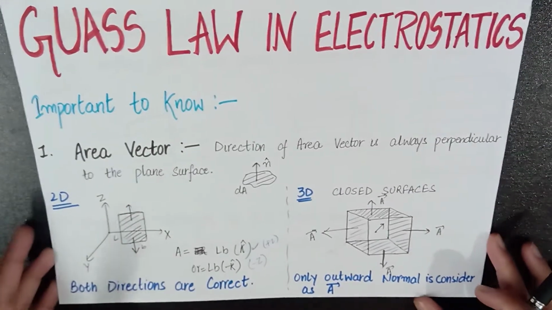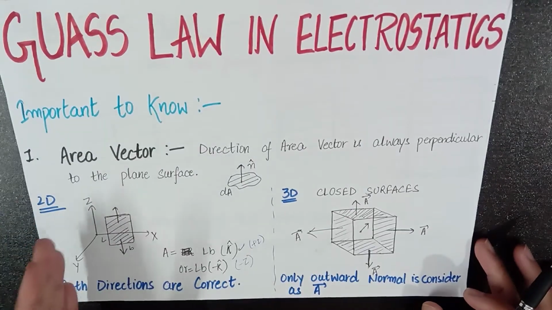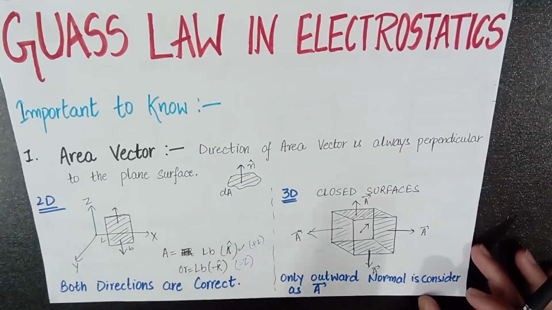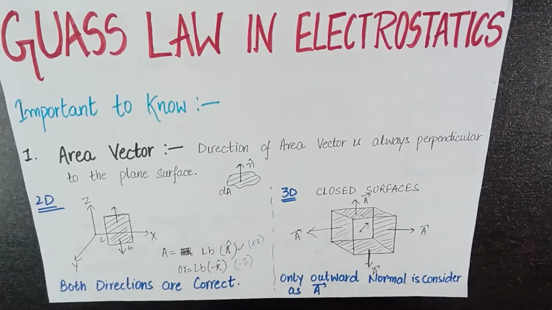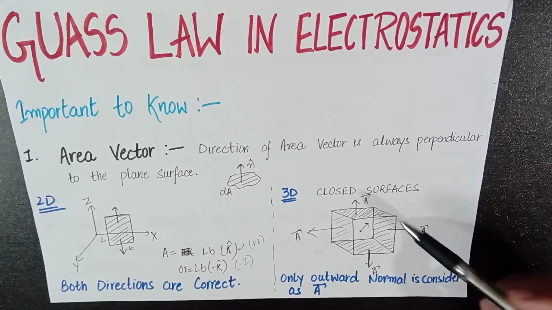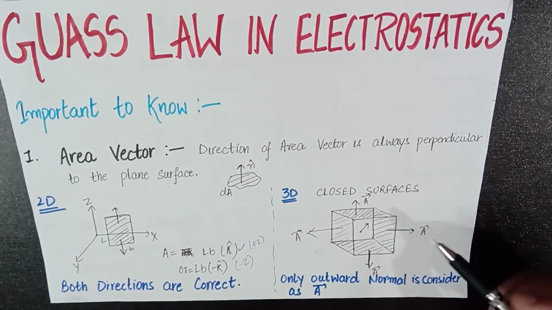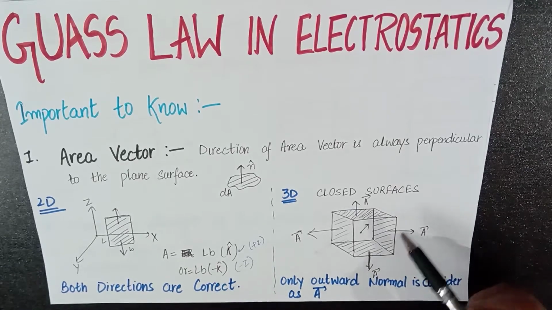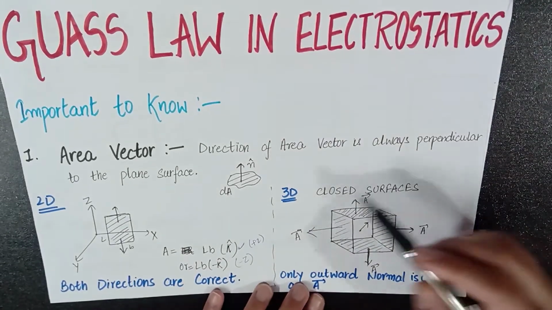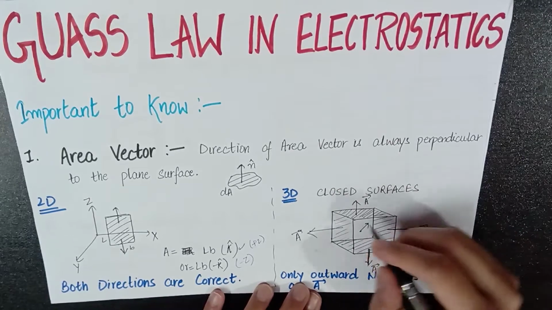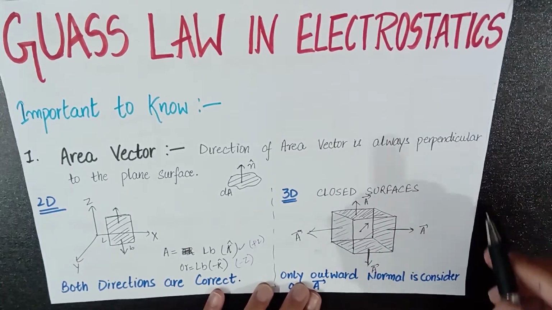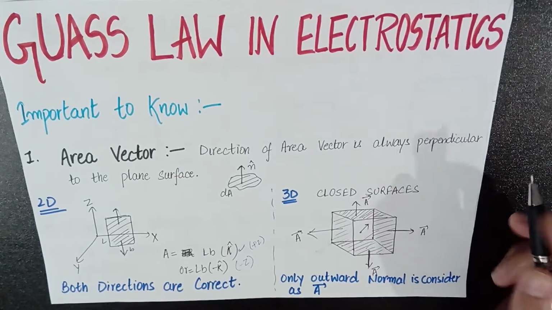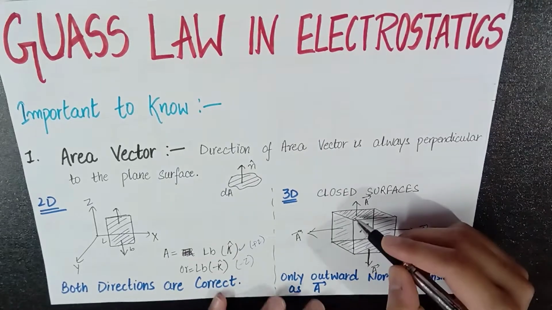So this is the case for 2D objects, but when we are dealing with 3D objects, that is, the closed surfaces, we know the only direction in which you can draw the unit vector is the outward direction. As shown here, we have this full solid cube. The only direction in which you can make the area vector is the outward direction.